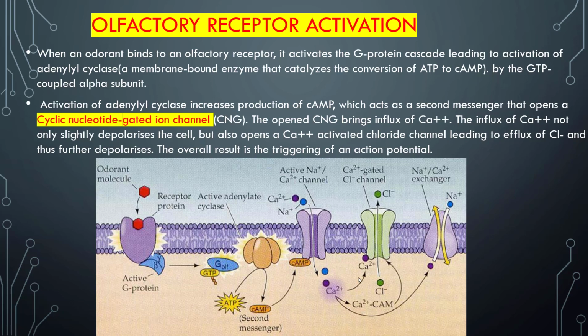This calcium then activates chloride and other ionic channels present on the cell membrane, and opening of this channel causes efflux of chloride from inside the cell. The chloride is negatively charged, so inside the cell the positivity increases, and in this way an action potential is produced. So this is the mechanism by which olfactory receptor protein activation occurs.